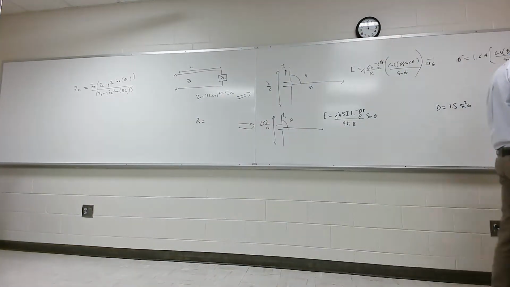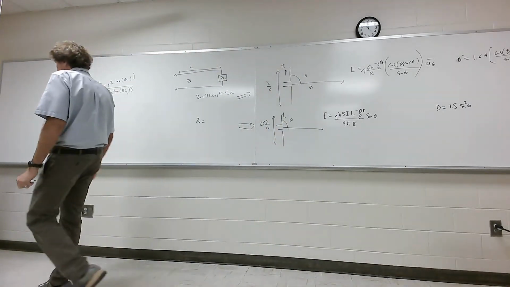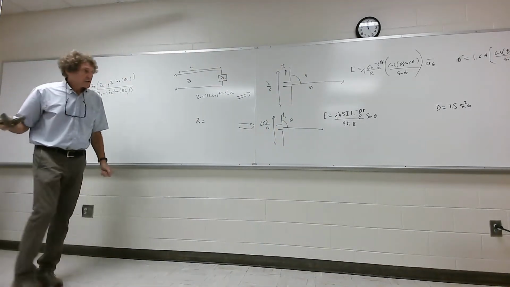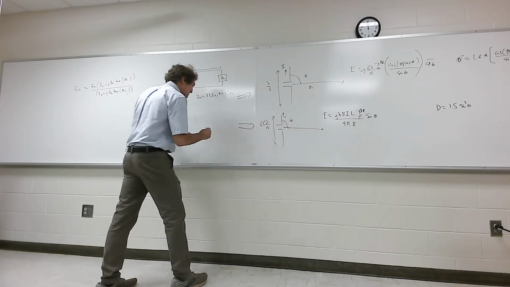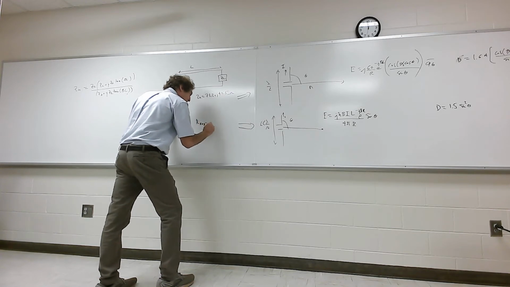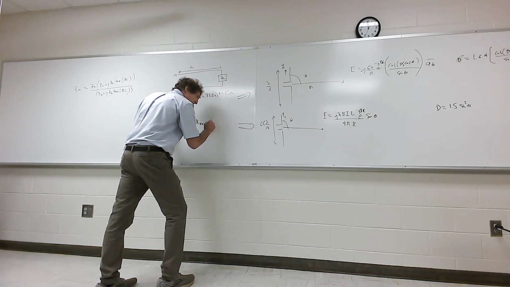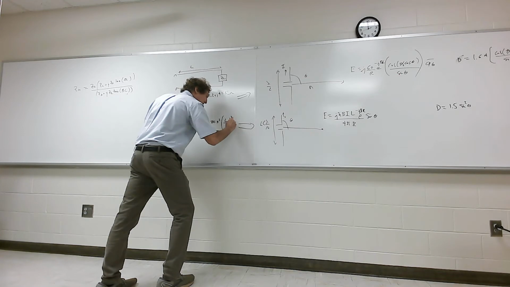It's not really Z in totally, but it's the radiation resistance. So over here, the radiation resistance of this is equal to what? It's equal to 80 pi squared times the length L over lambda, squared, in ohms.